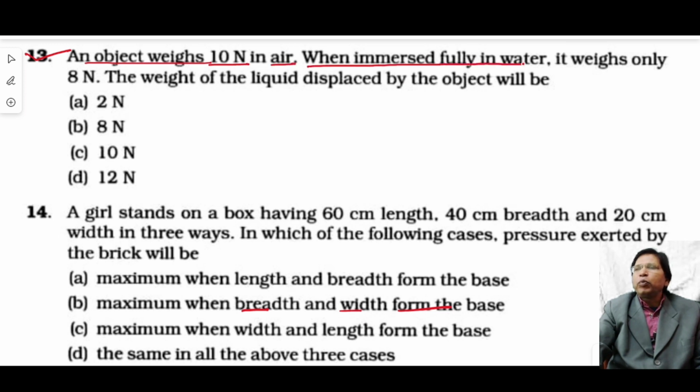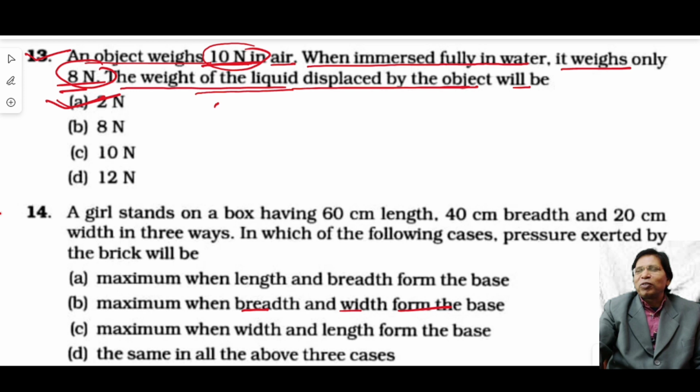When immersed fully in water, it weighs only 8 Newton. The weight of the liquid displaced by the object will be, look at this, the weight of the liquid displaced by the object is the upthrust. Now the force of upthrust is the weight in air minus the weight in water. So this is 10 Newton minus 8 Newton, so this is 2 Newton.